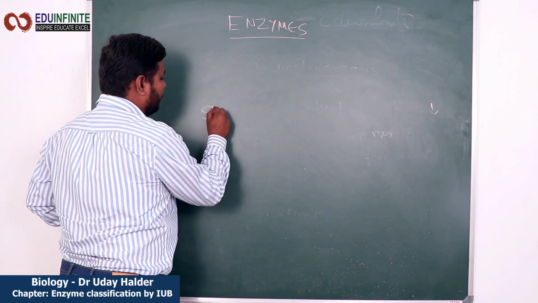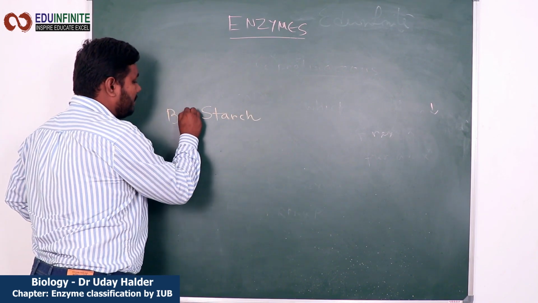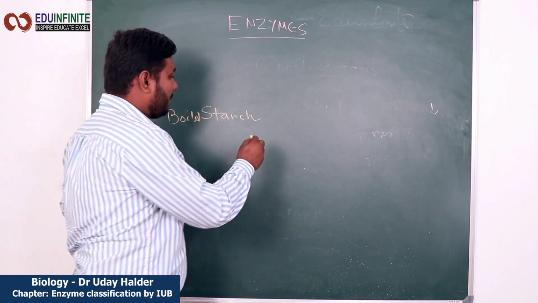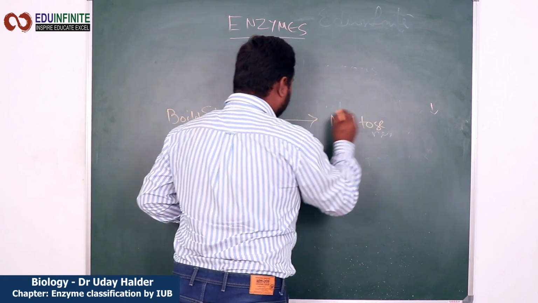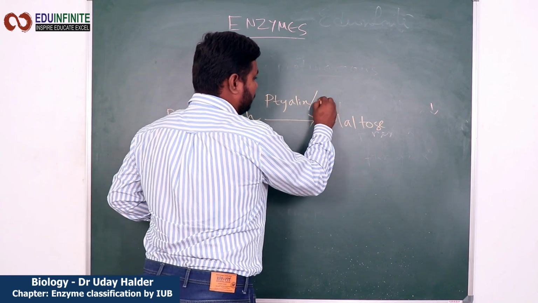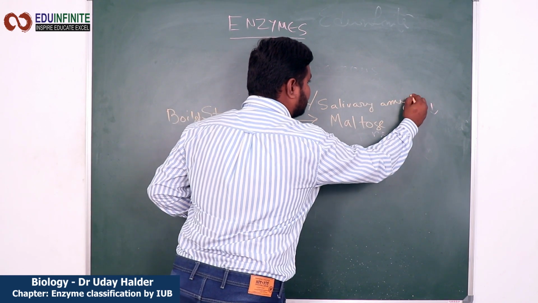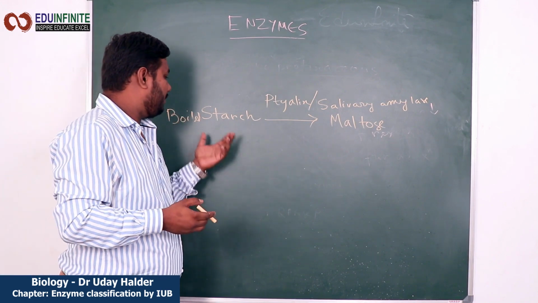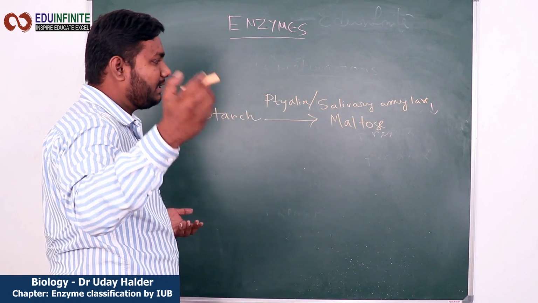That is, in your mouth, the boiled starch, that means the rice you eat actually, that contains boiled starch, is broken down into maltose by the enzyme called ptyalin or salivary amylase. Yes, ptyalin and salivary amylase both mean the same. So boiled starch that you eat regularly is converted into or broken down into maltose. Maltose is a disaccharide containing 2 glucose.